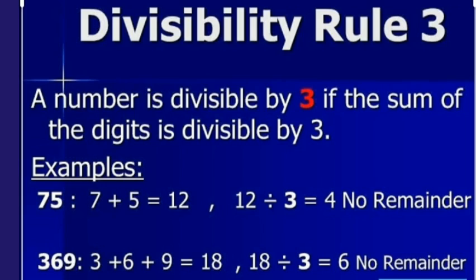Again, example 369. The sum of the digits 3, 6, 9 gives 18. 18 is divisible by 3, since 3 sixes are 18. Here also no remainder. So this is the divisibility rule for 3.